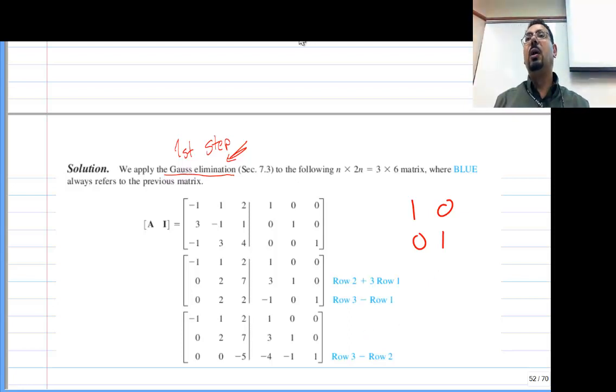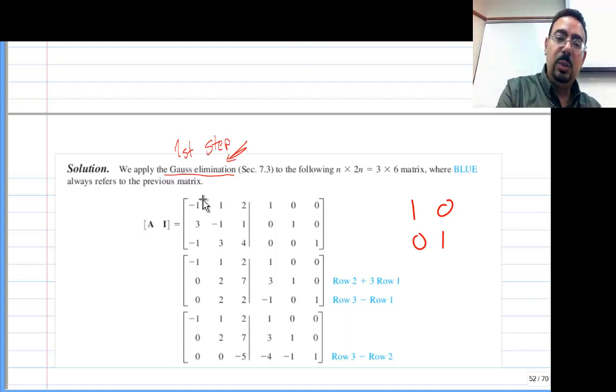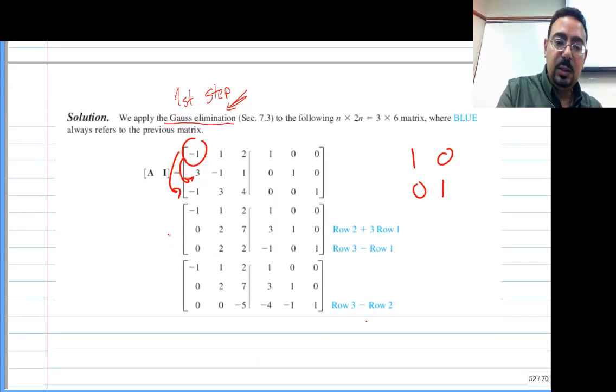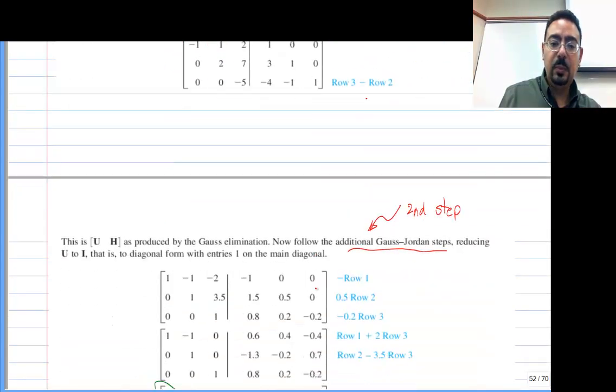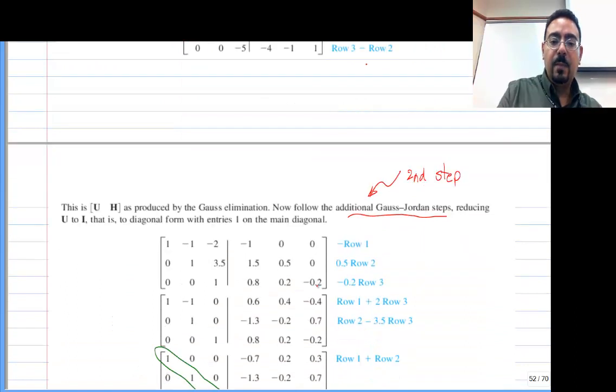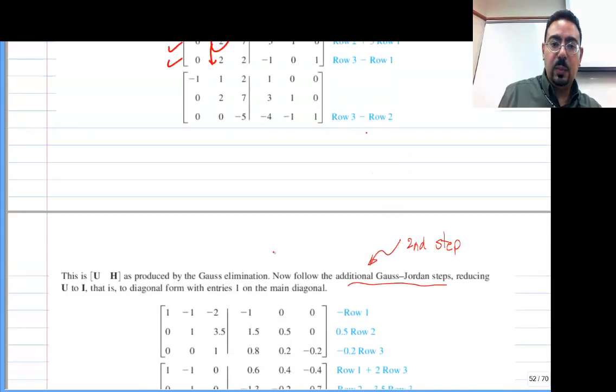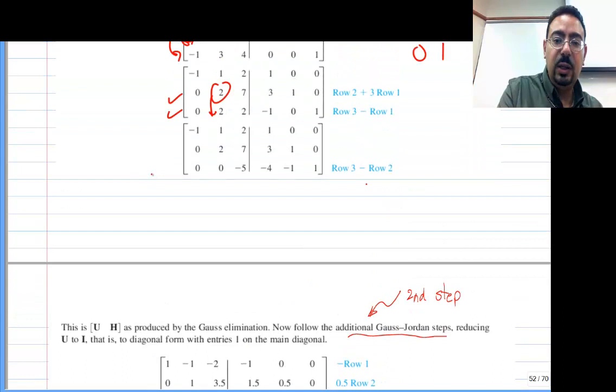And then what do you do? You start doing Gauss elimination. Alright? You get rid of that 3 and get rid of this minus 1. You did it. And then you look at this 2 and you say, oh, I'm going to get rid of the stuff under it, and you do it. And then you did it over here.